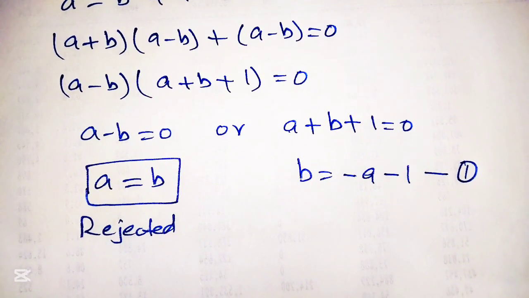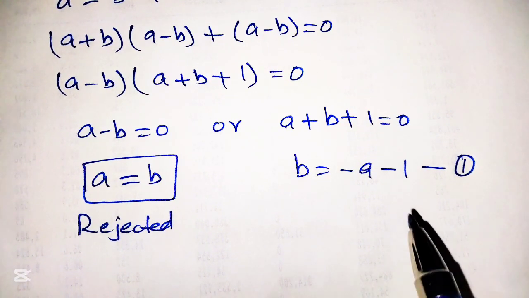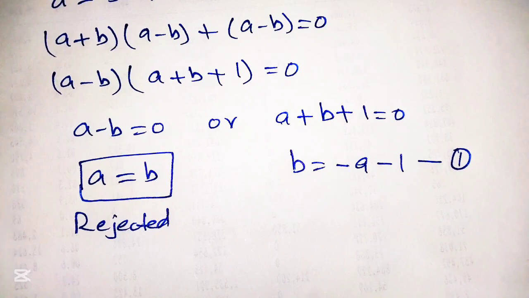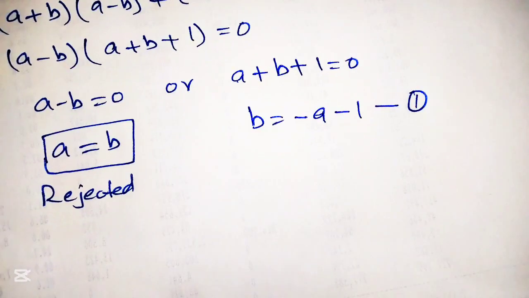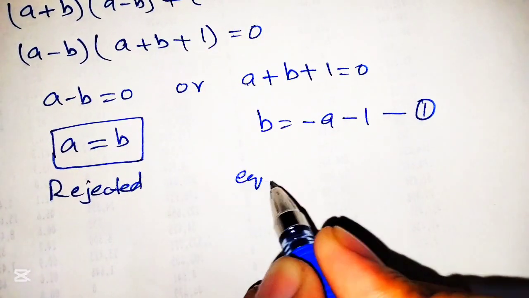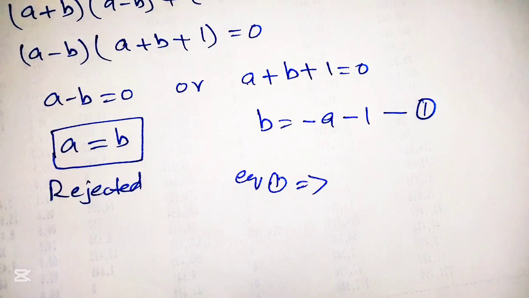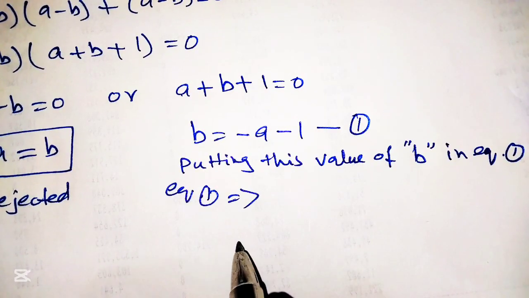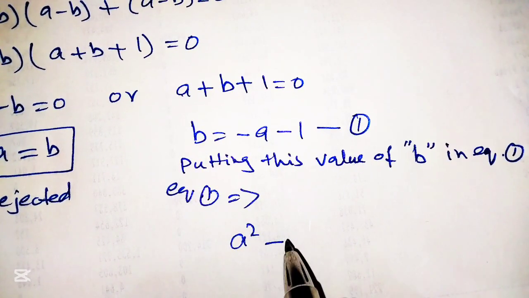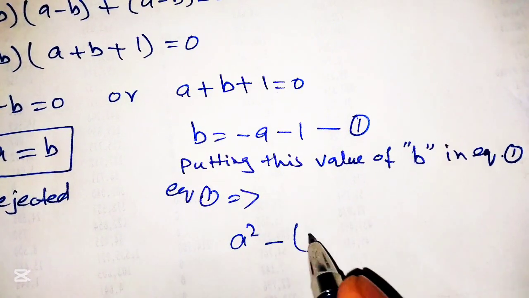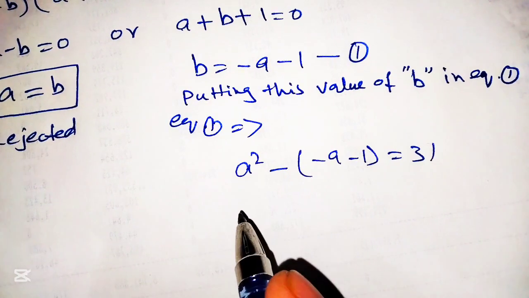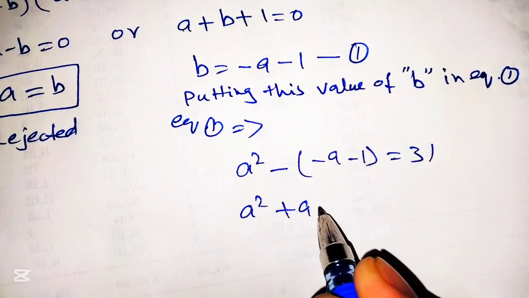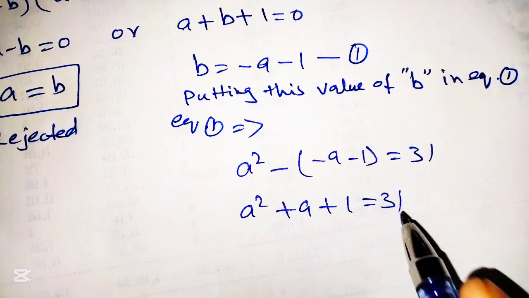Now we will solve by putting this value of b in equation number 1, which is a² − b = 31. Substituting b = −a − 1, we get a² − (−a − 1) = 31. Now we can write it as a² + a + 1 = 31.